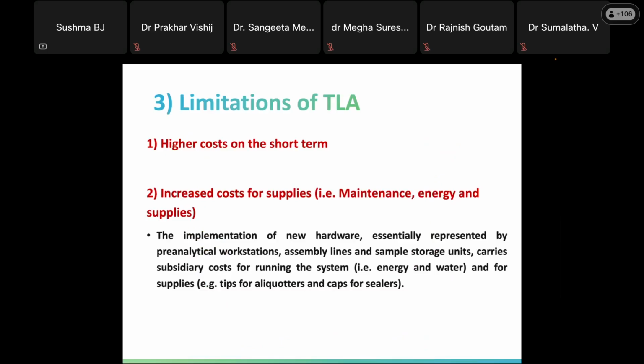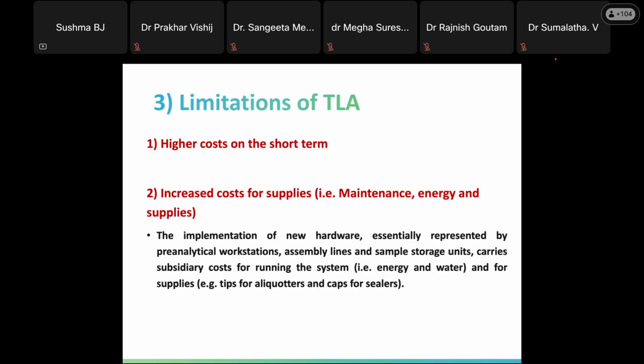Then, coming to the topic, limitations of total laboratory automation. Again, in the short term, if somebody is expecting a cost benefit analysis within a very short time, definitely it will be a failure because of higher cost in the short term, because you may take the machine on rental, partial rental, or fully purchase it, and you cannot expect to recover the investment you have put in the initial stages within a short span of time.